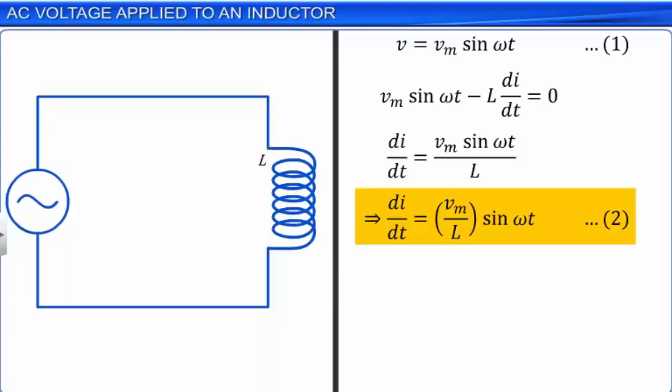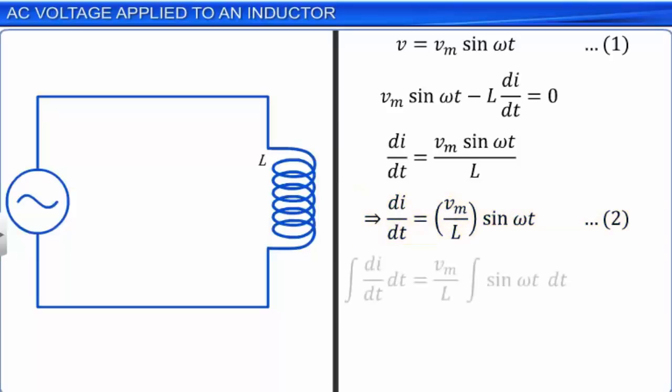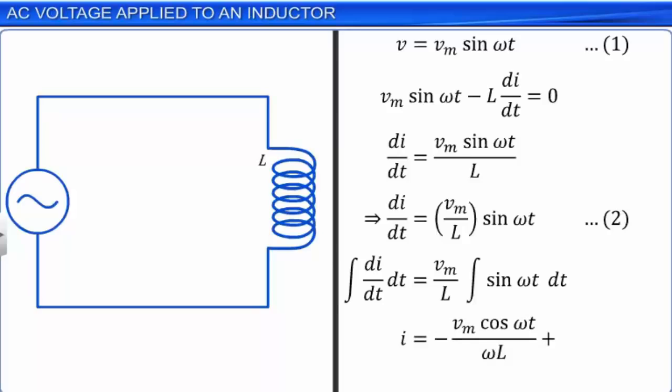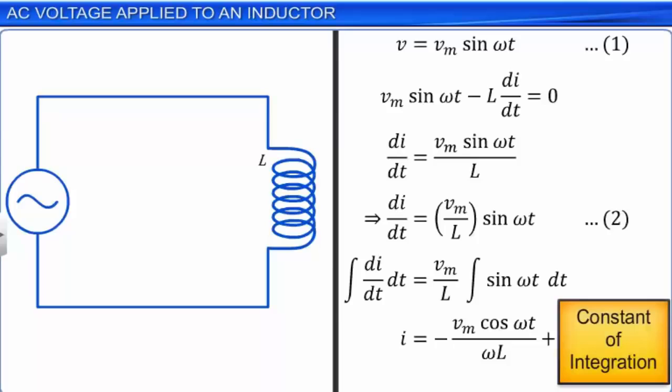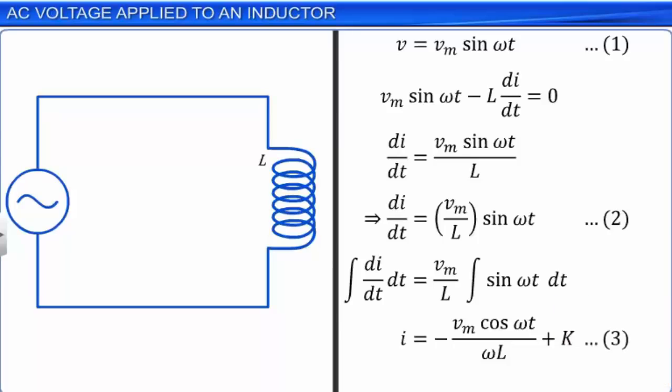Integrating equation 2 with respect to time, we get the value of the current in the circuit as I equal to minus Vm cos omega t by omega L plus the constant of integration. Let this be equation 3. Since the voltage source is supplying a time-dependent voltage, which is symmetric about 0, we can assume the same to be true of the current.